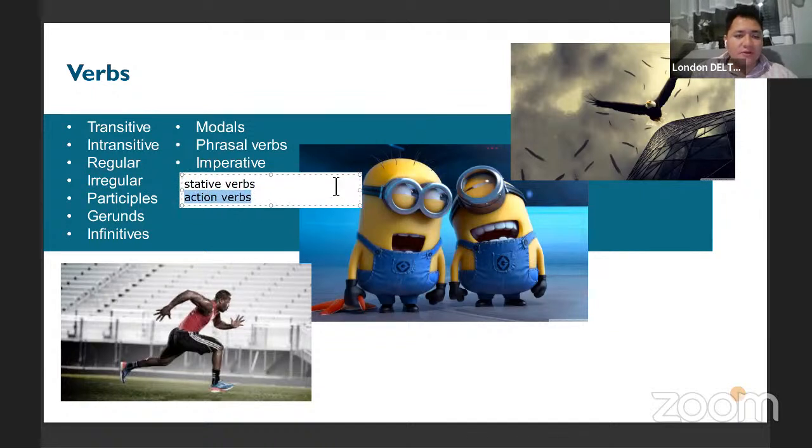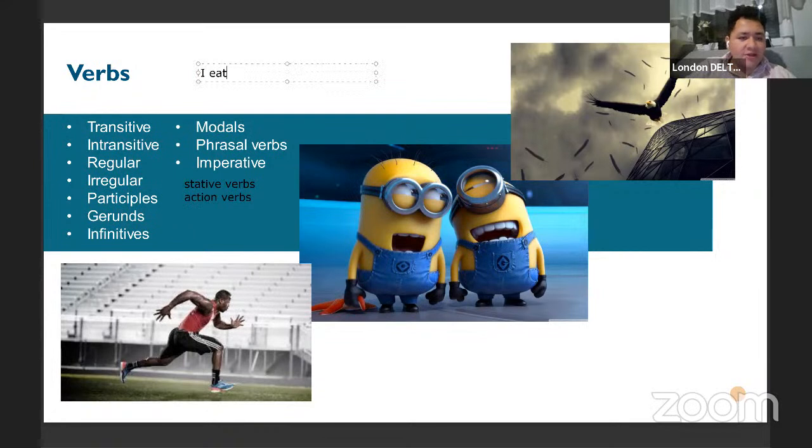For example, when you say, I eat pizza, that is an action verb because you can see what the person is doing. But if I say, I live in Mexico, this verb I live is not an action verb, it's a stative verb.